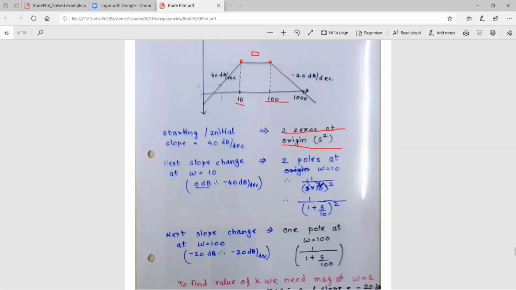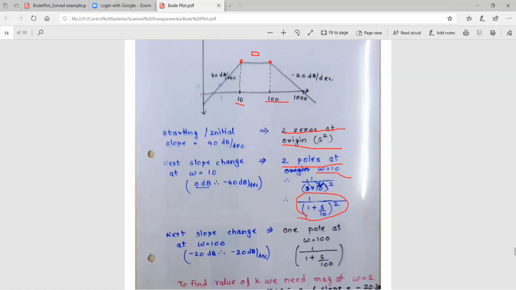But the slope is changing from 40 dB to 0, that means addition of minus 40 dB per decade. So at 10, there are two poles at omega equal to 10, and this is the factor: 1 upon (1 plus s by 10) whole square. Square because two poles are there.